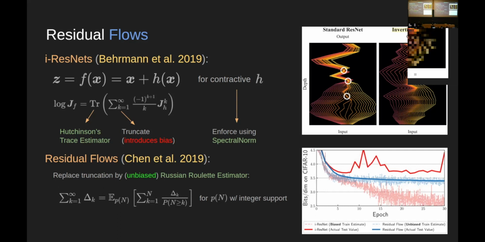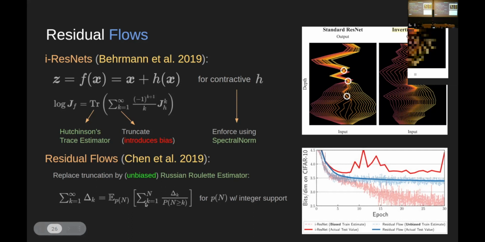So their solution was, of course, to get rid of the bias. And they do that using this crazy trick called the Russian roulette estimator, which says that you can estimate an infinite sum of alternating terms using the expectation with respect to a distribution P_n that has support over the integers.